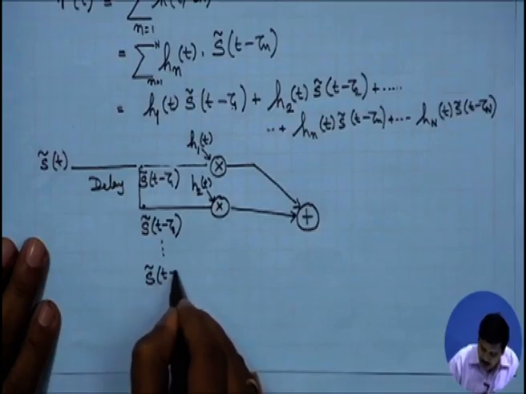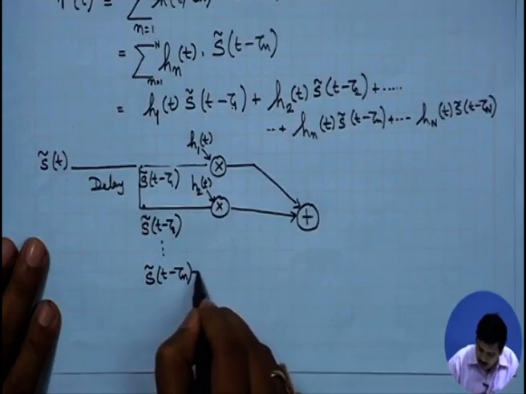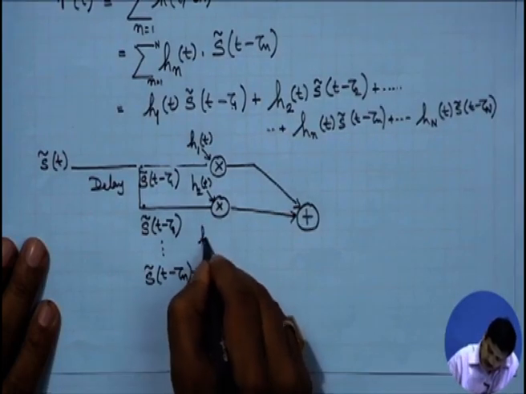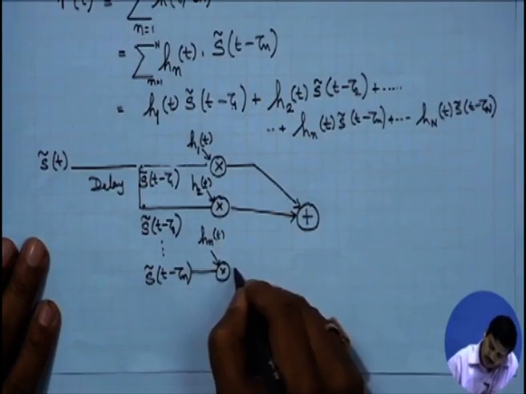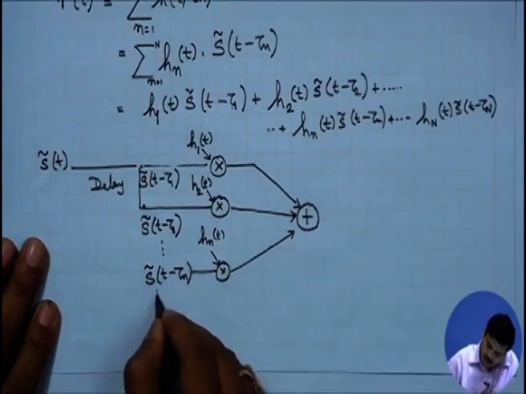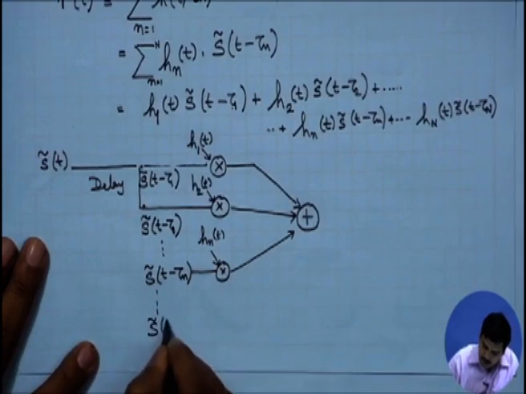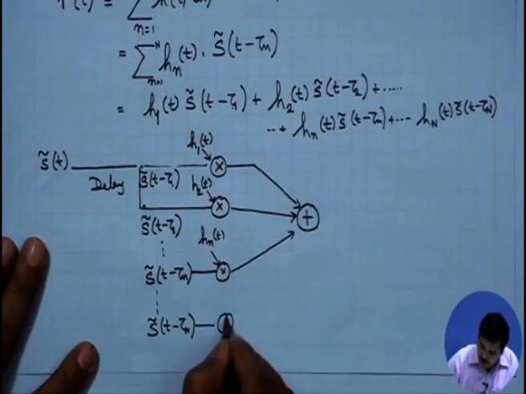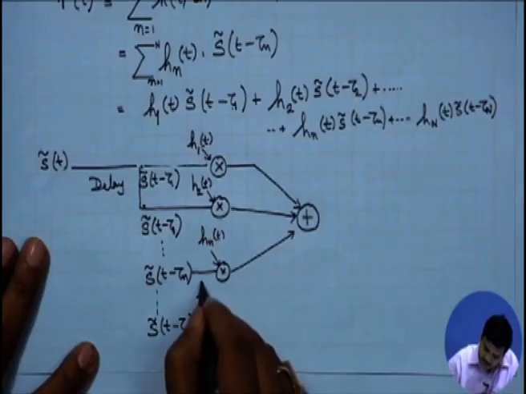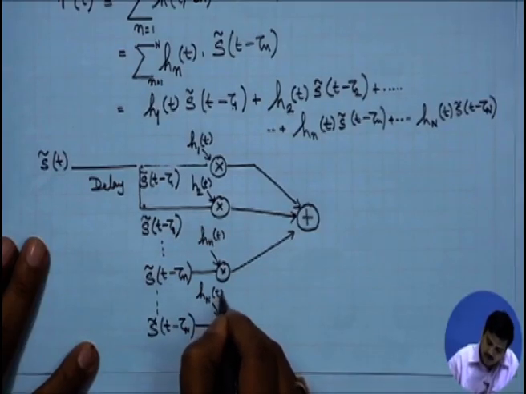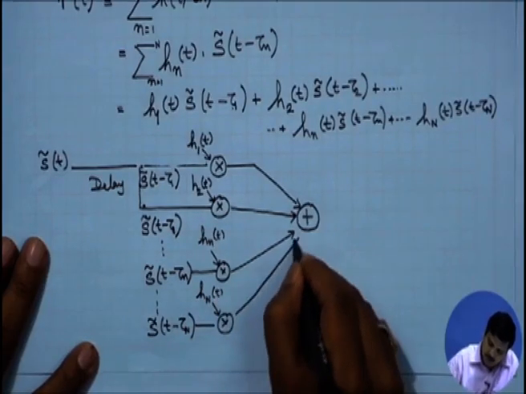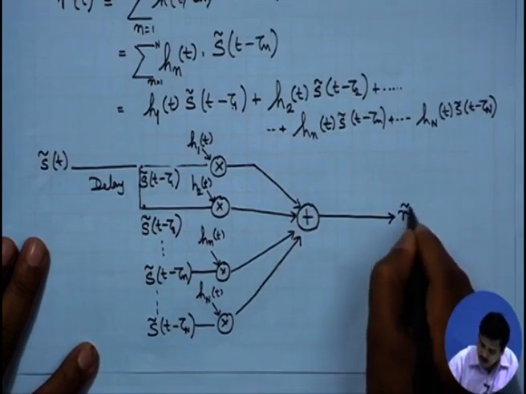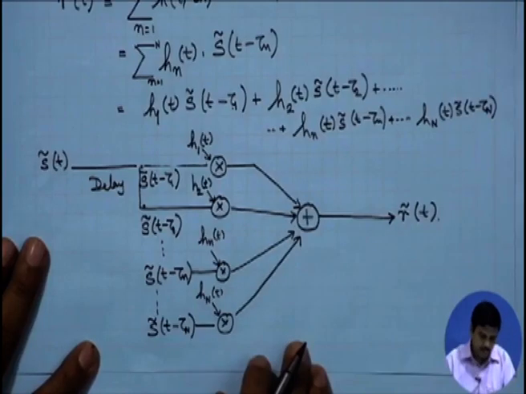s tilde(t minus tau n) gets multiplied by the gain h n of t, and so on up to s tilde(t minus tau capital N), which gets multiplied by h capital N of t and gets added, and what we get at the output is r tilde of t.